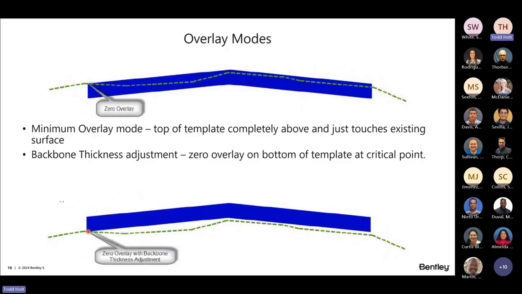So it's going to adjust it up if we use these different overlay modes down to 0, until the bottom of the template hits that existing ground. That's 0 overlay with a backbone thickness adjustment that we can set. So maybe we want that to be 3 inches above, then it's going to hit that overlay. The result is an overlay of exactly 0 at critical points along that backbone along the corridor.